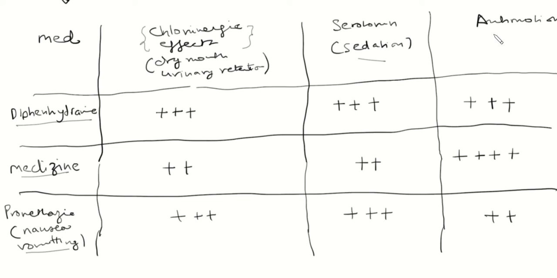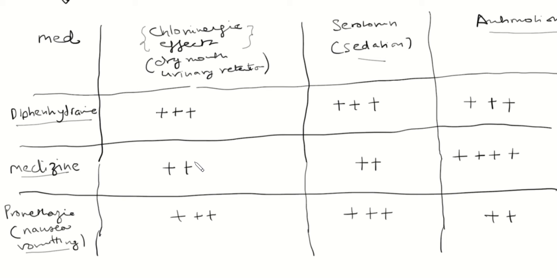Okay, and then they also act on the anti-motion or the motion aspect in the brain, which also helps with the motion sickness. So Benadryl, the prototype drug, you have dry mouth, urinary retention. You also have sedation, and it's got good anti-motion effect.